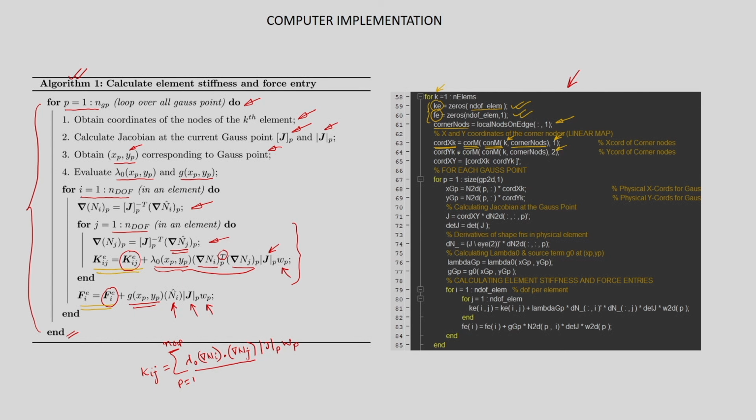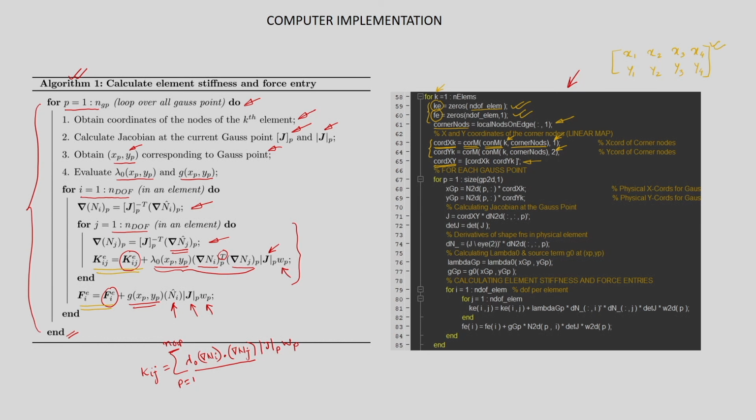This way we collect all the x and y coordinates of the kth element, and then we form the coordinate matrix. If you go to the earlier slide, we had the coordinate matrix of this shape: x1, x2, x3, x4, and then y1, y2, y3, y4. So, this coordinate xy constructs this matrix for the kth element.